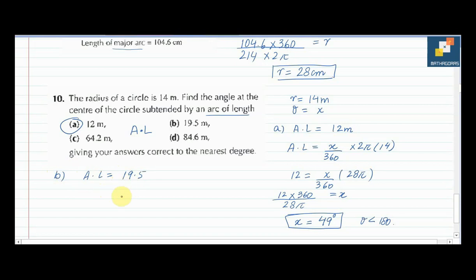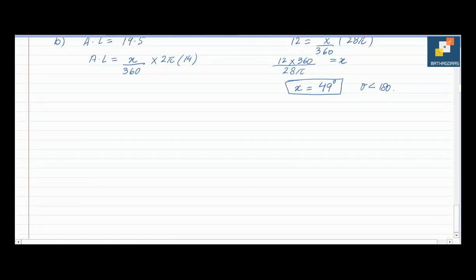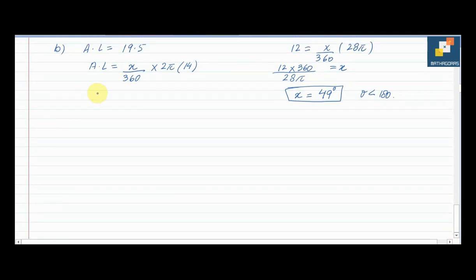So first apply the working formula. Arc length is equal to angle divided by 360 multiplied by 2 pi. Radius is fixed, that is 14. Now it will be arc length 19.5 multiplied by 360, and this expression is fixed, that is 28 pi.